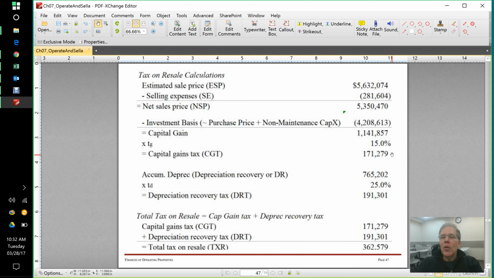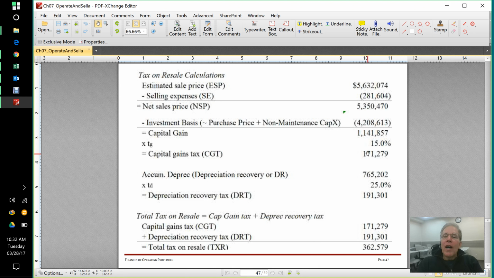One is capital gains tax, and that's a tax that you have on anything that you purchase and hold for a while and resell. Anything from a stock or even a bond. If you bought a bond, held it for a while and resold it, the difference between the price you sell for and the price you pay is called the capital gain. If you sell it at a loss, it's called the capital loss.